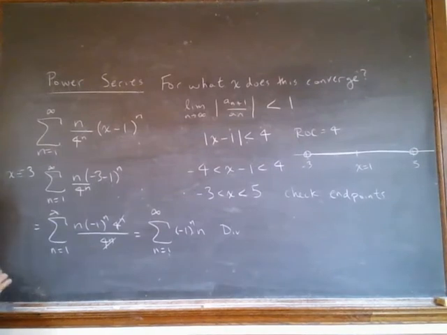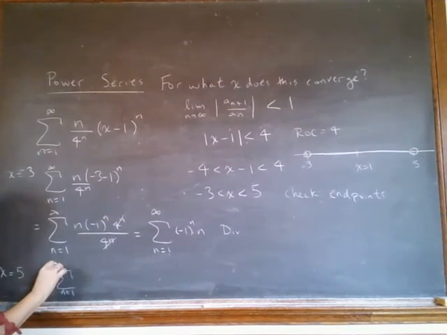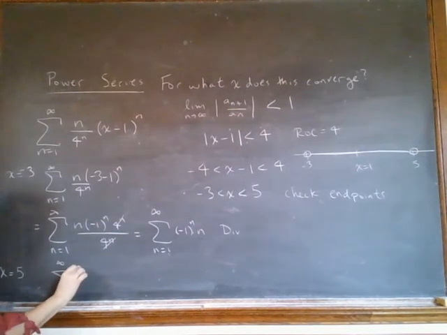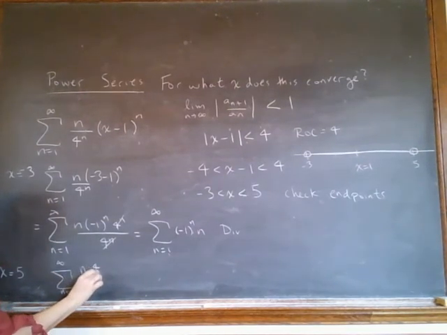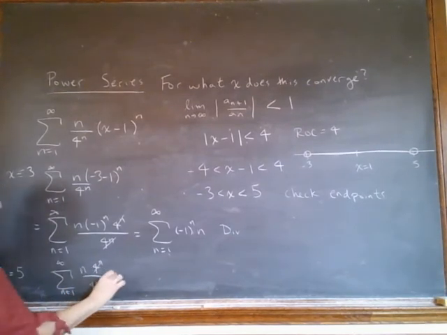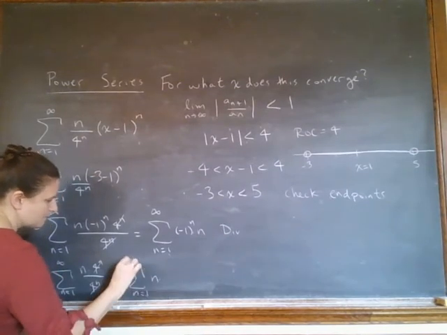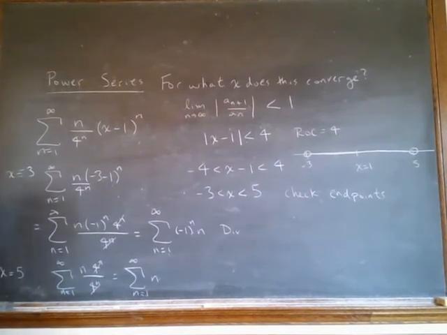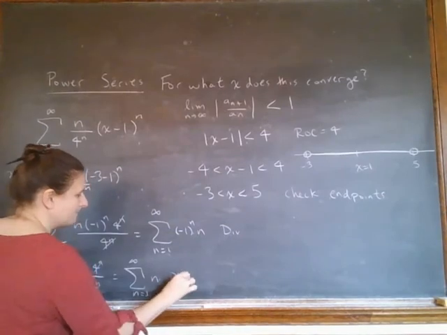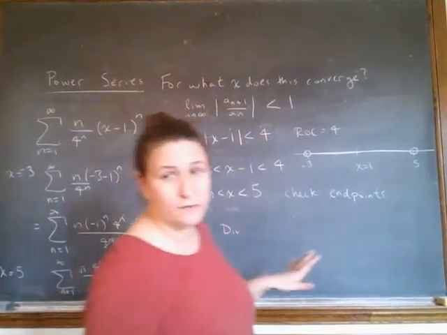Right? If I put in x equals 5, so I'm kind of stuck down here, but I'm going to have n times 5 minus 1 is 4, right? That's no good either. Also diverges. So here's the third case. So we've done all 3 cases with the interval of convergence.